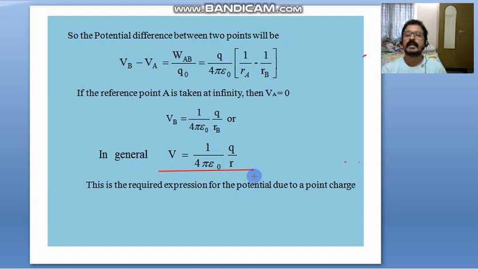Here the potential is inversely proportional to the distance r. As the distance increases, the potential decreases. So it is proportional to 1 by r.